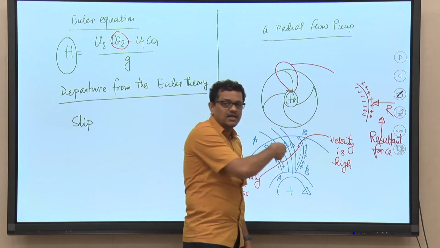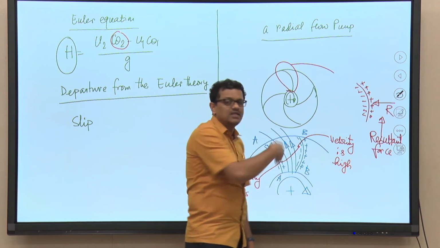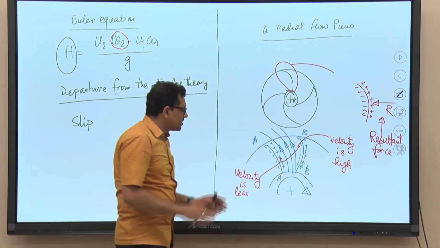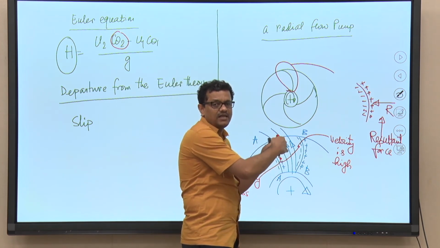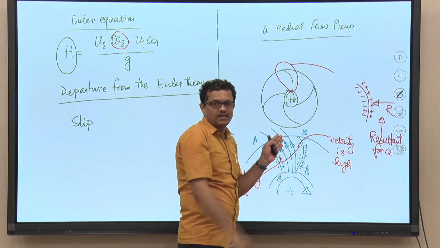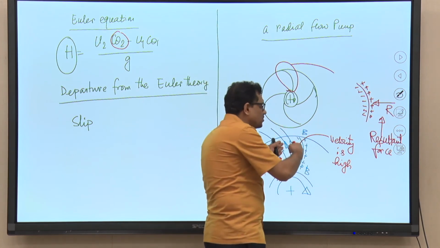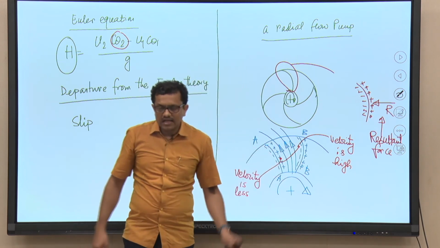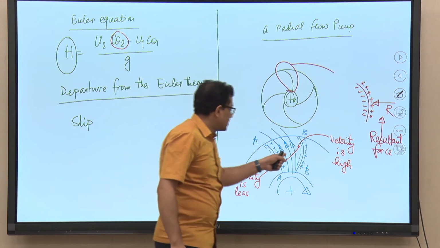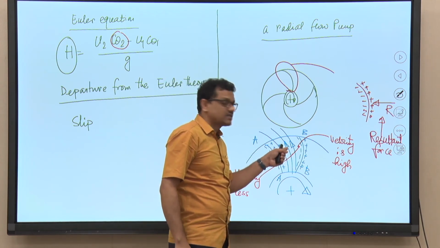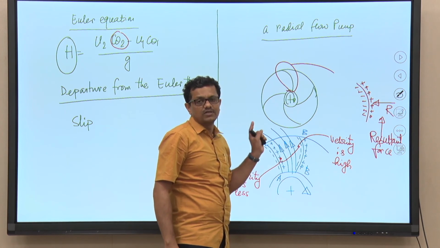Because of this velocity gradient, we will be discussing in the next class, there will be the blade circulation also. So, basically what is very important to understand is that this is not caused by the friction, but it follows from the ideal flow analysis of pressure and velocity distribution.